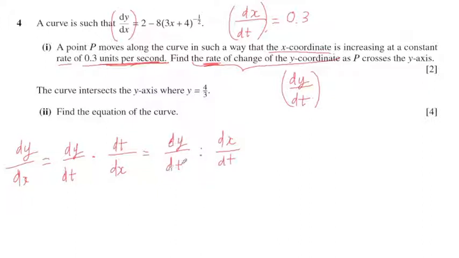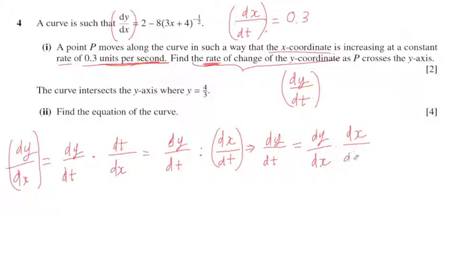So dy divided by dt is my question, and it is quite easy to calculate: dy divided by dt will be equal to dy divided by dx times dx divided by dt.